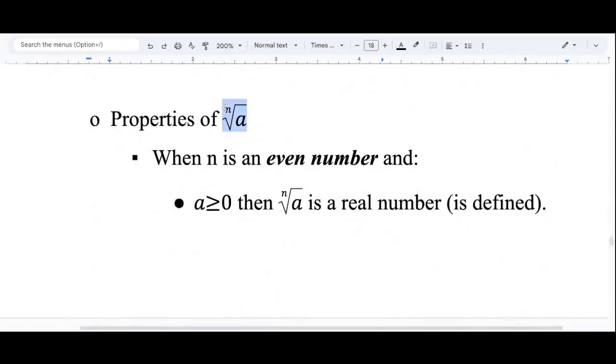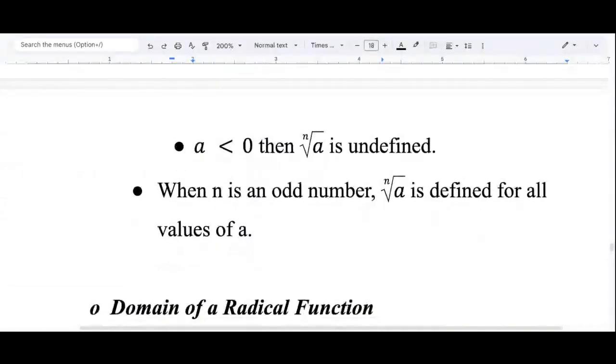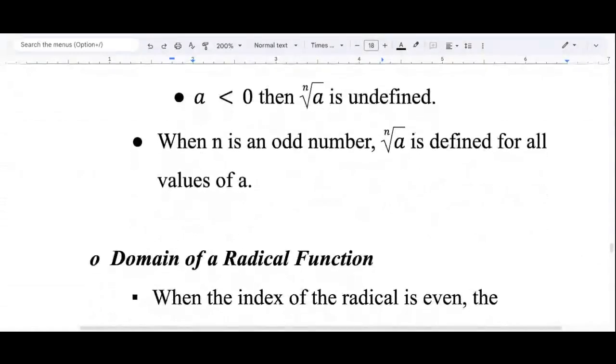So when the index n is an even number, the radicand a has to be at least 0, cannot be negative. But when the index is an odd number, that's okay. A can be anything.